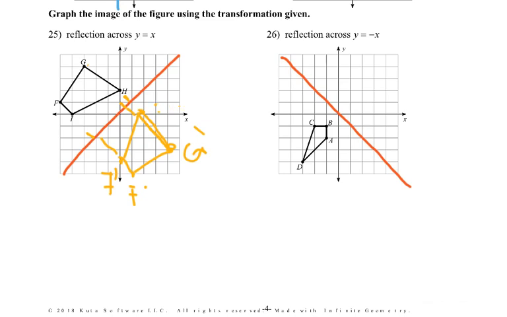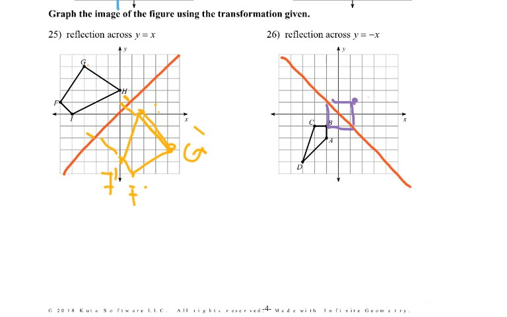Okay, another way to do it is to kind of more turn it into a box. So B is 2 below and 2 to the left. Well, if I do the opposite, 2 above and 2 to the right of that line, then I'm going to find where B is. And that would be B prime.